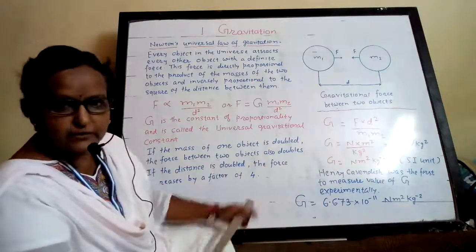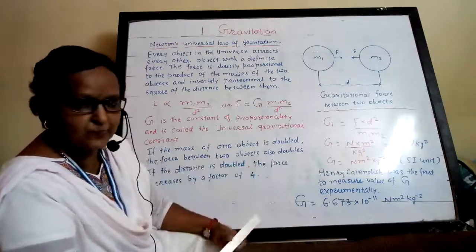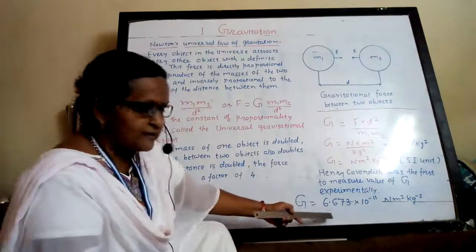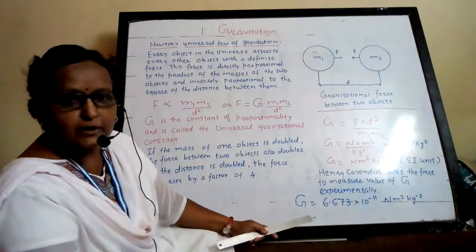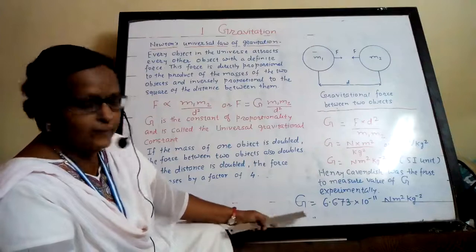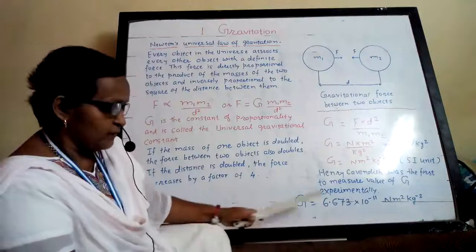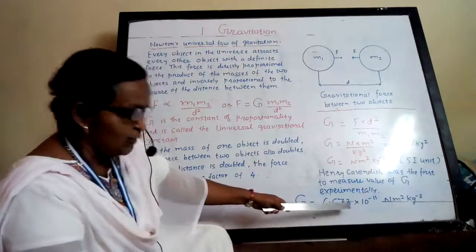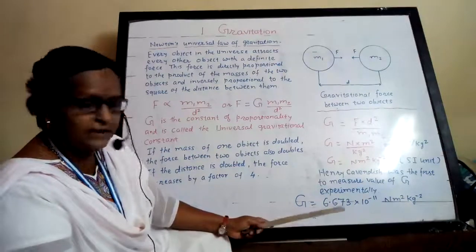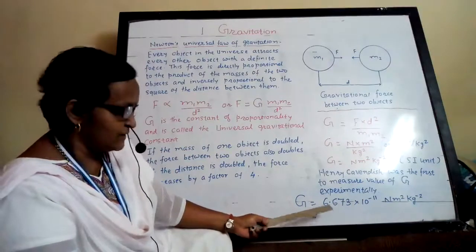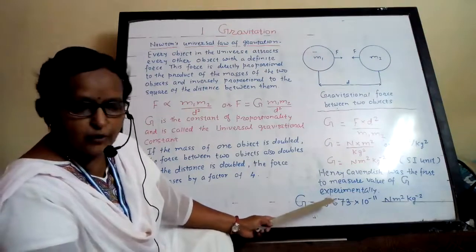Henry Cavendish was the first scientist who measured the value of G experimentally, and it comes to be 6.673 into 10 to the power minus 11 Newton meter square per kilogram square.